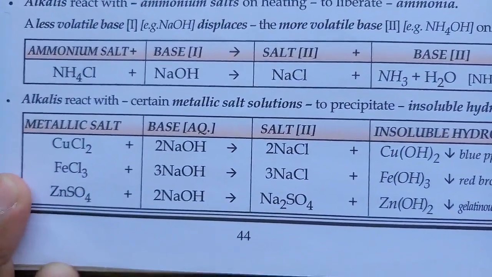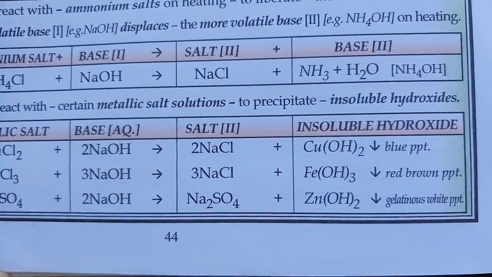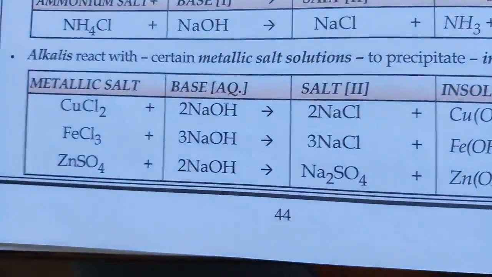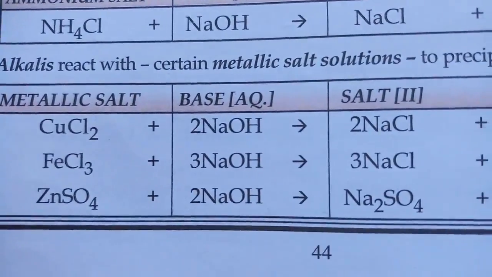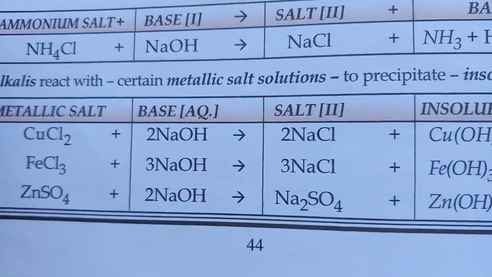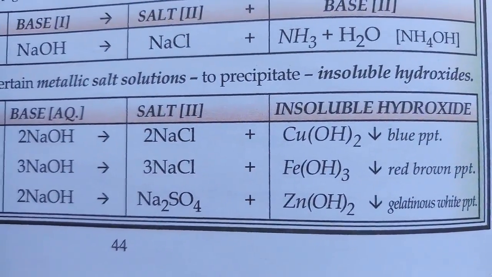Alkali reacts with certain metallic salt solutions to precipitate insoluble hydroxide. They give an example, CuCl2 plus NaOH gives you the salt sodium chloride and Cu(OH)2, an insoluble hydroxide.